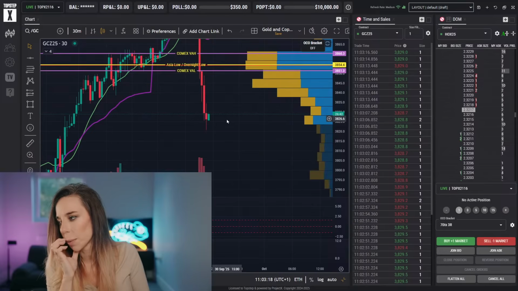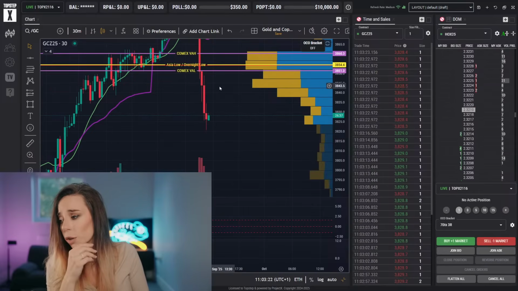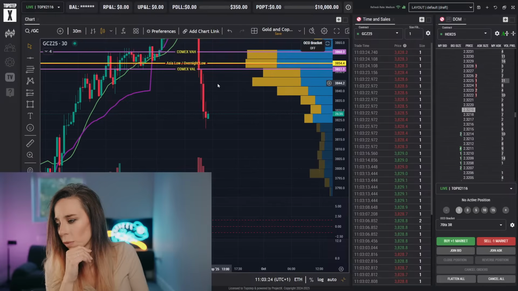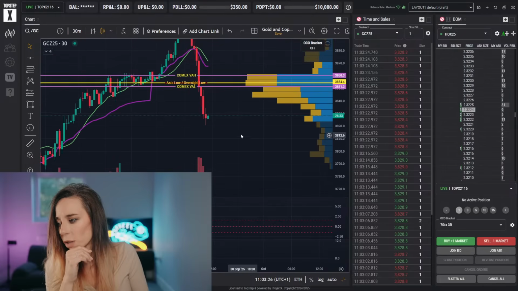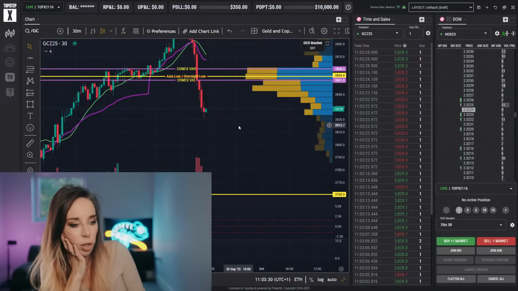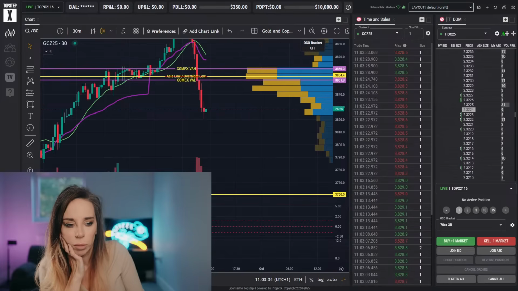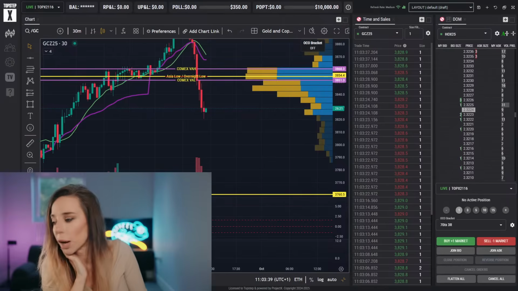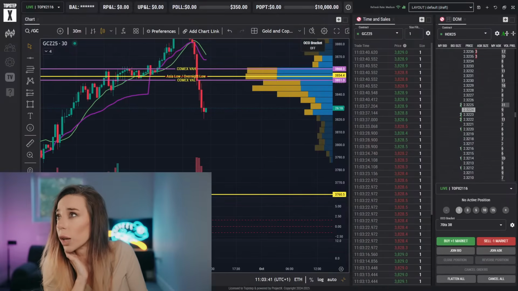So I am just looking for that pullback at some point of the day. Otherwise, I might focus on something else. I might focus on energies. I might focus on copper, even though copper doesn't look that great today. But we'll see. Maybe it'll liven up the closer we come to LME.